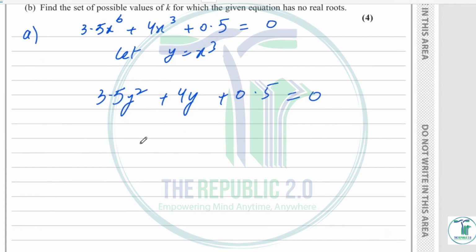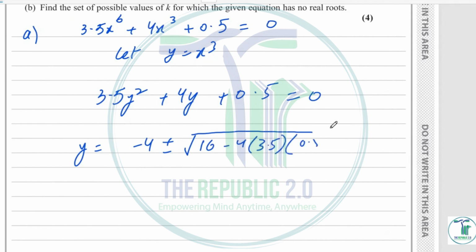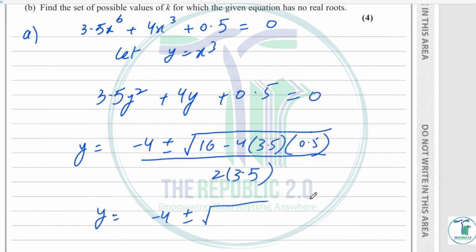So y is equal to negative 4 plus or minus root of b squared, that has to be 16, minus 4 times 3.5 times 0.5, divided by 2 times 3.5. Simplifying this down, I must have y equal to negative 4 plus or minus root of 16 minus, 4 times 0.5 has to be 2, and 2 times 3.5 has to be 7. So 16 minus 7, divided by 2 times 3.5, which has to be 7 as well.